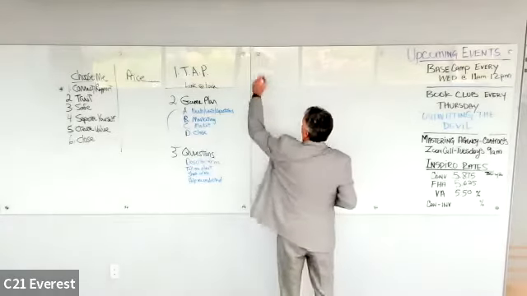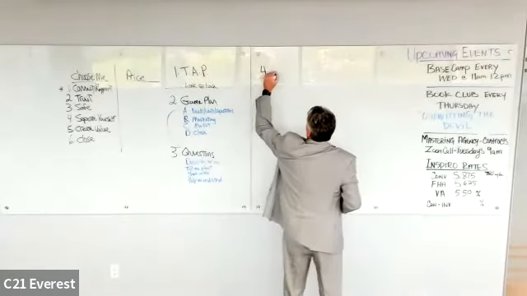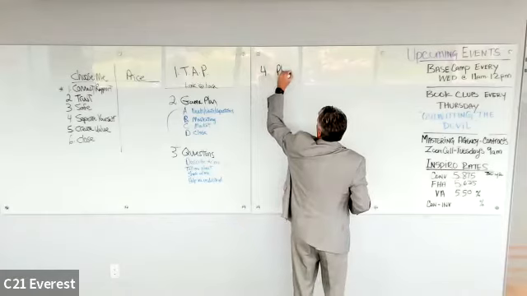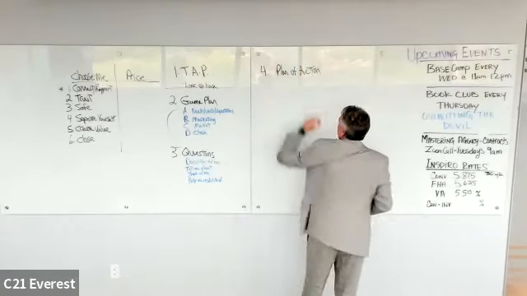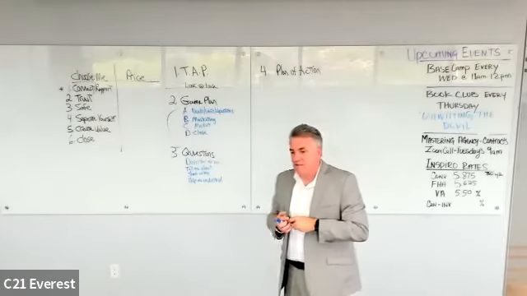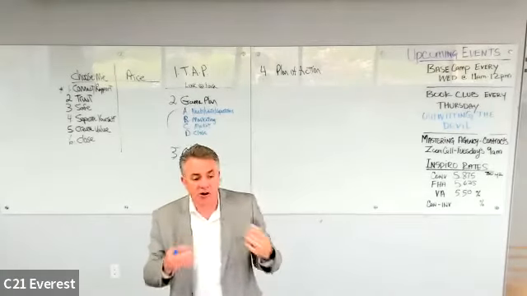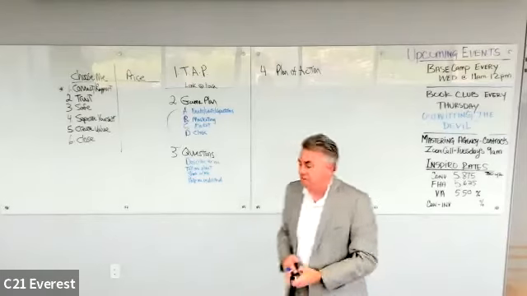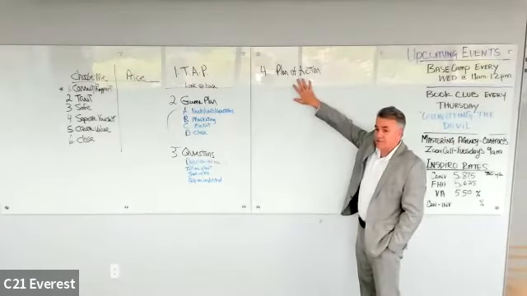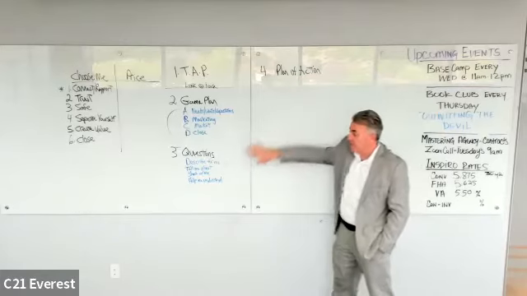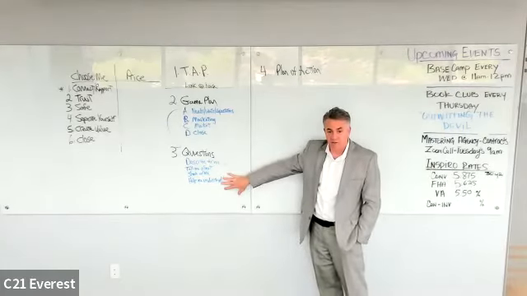So number 4 is what I like to put as plan of action. So what are we going to do now? Here's the hard part for me in training you right now: what you're going to say during this section really depends on what comes up down here in section 3.